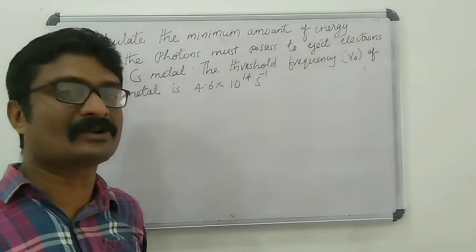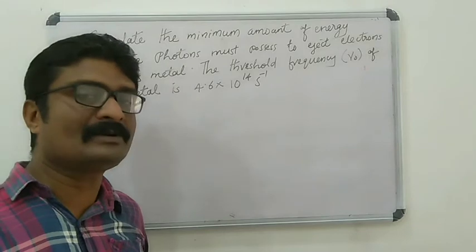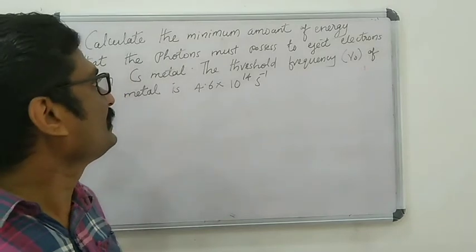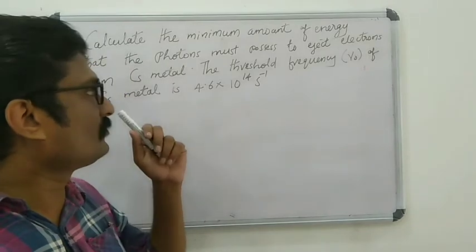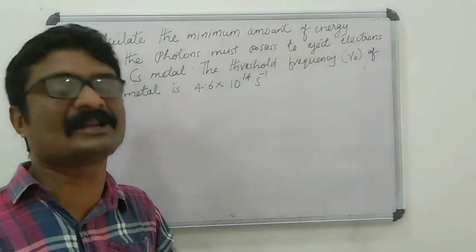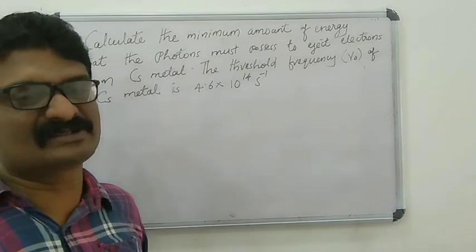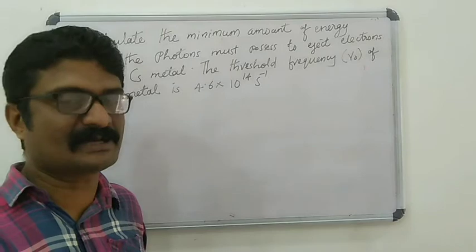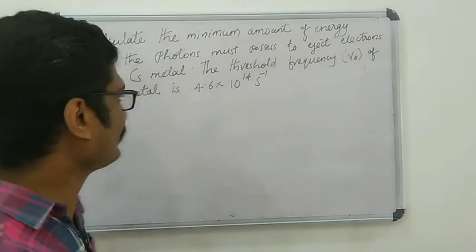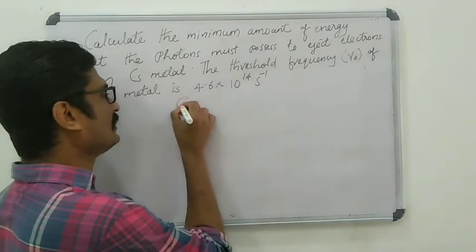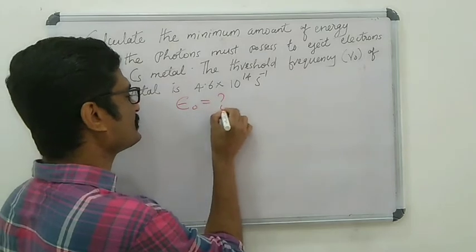You have to calculate the minimum energy of the photons required to eject an electron from the cesium metal surface. That energy is called the threshold energy. Our aim is to calculate the threshold energy E0.